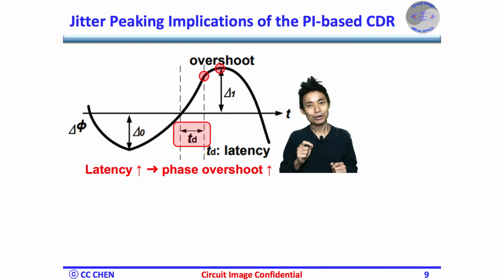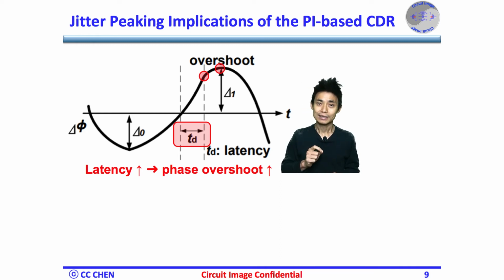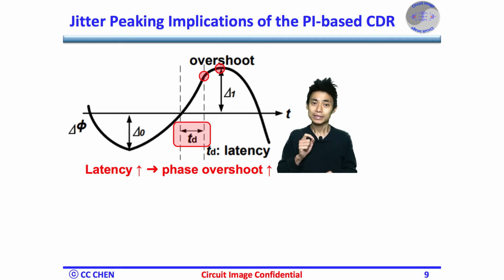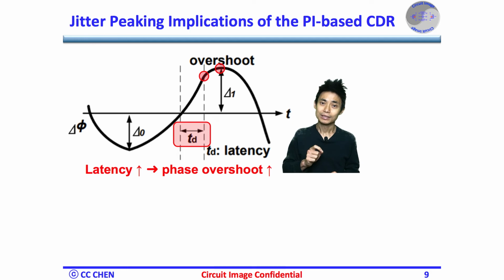After understanding all the PI-based CDR, let's go through the jitter peaking implications of the PI-based CDR. The benefit of no jitter peaking in a PI-based CDR will only exist if the loop latency is not significantly larger than the PI-based update period.